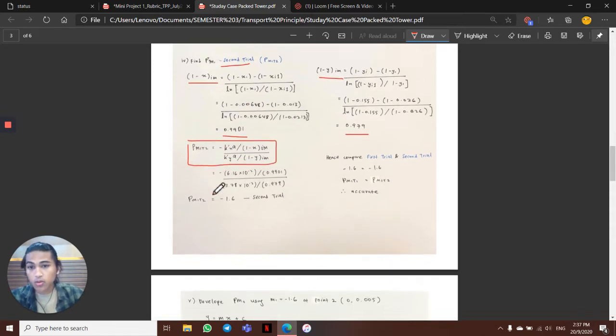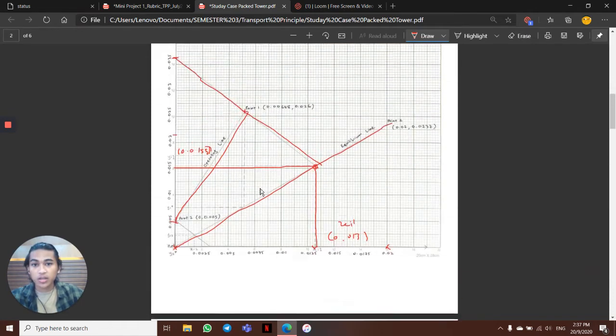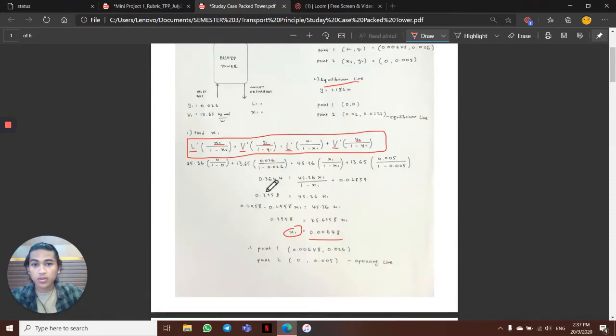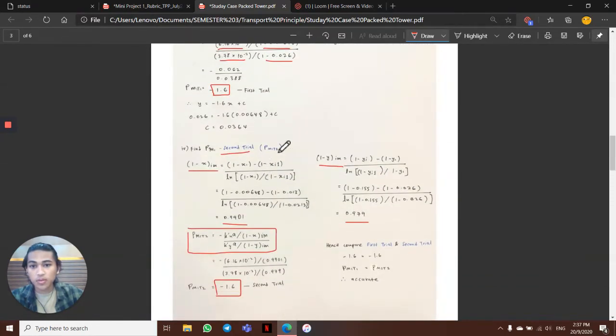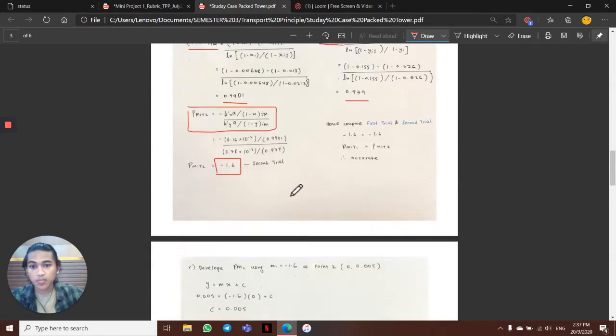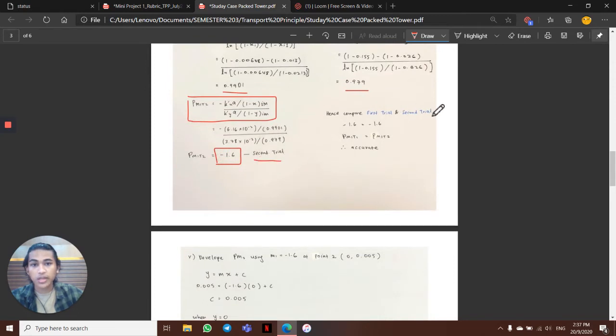So we will get negative 1.6, and if we compare the first trial and the second trial, it is just the same. So hence PM1 T1 and PM1 T2 are totally accurate because it is the same value.